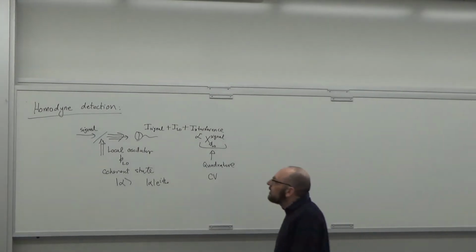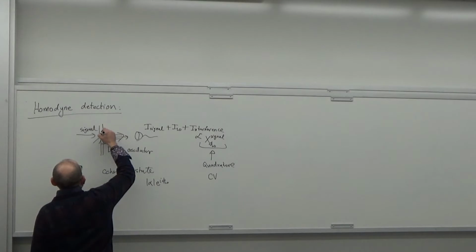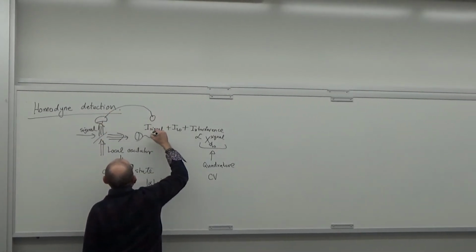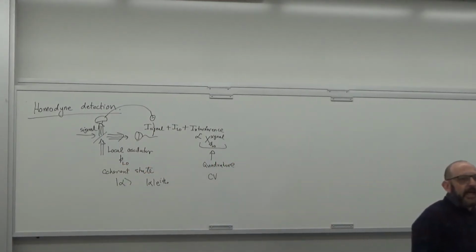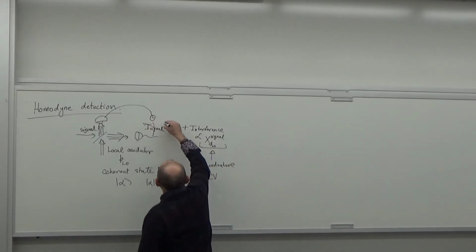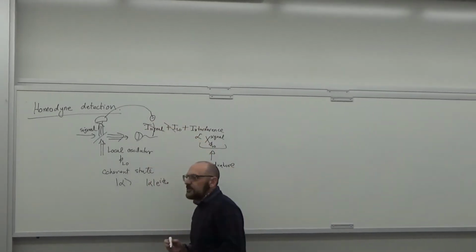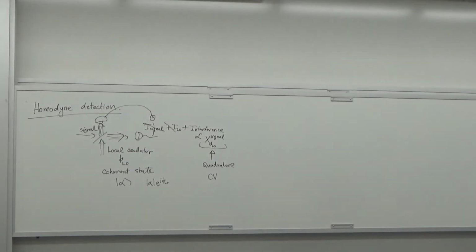So one way to deal with that is to think about a balanced homodyne detector, where we subtract out the common mode noise of the local oscillator. In that case we get rid of all of this stuff, and all we see is the interference term. That's known as a balanced homodyne detector.